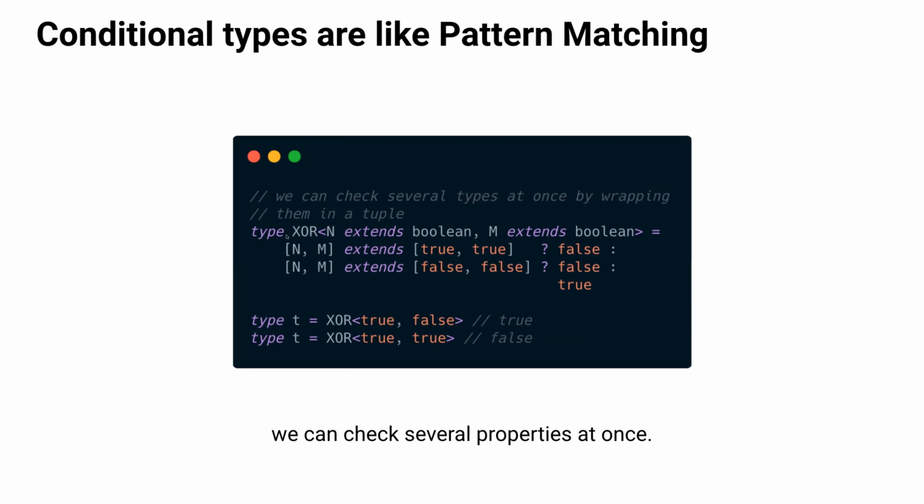So to be more concrete, you can implement this XOR logical gate with two booleans like this. So you wrap them in a tuple and you make sure that it extends a tuple with true and true, which is essentially the same thing as making sure that n is true and m is true as well. So that's a pretty convenient way of doing this.